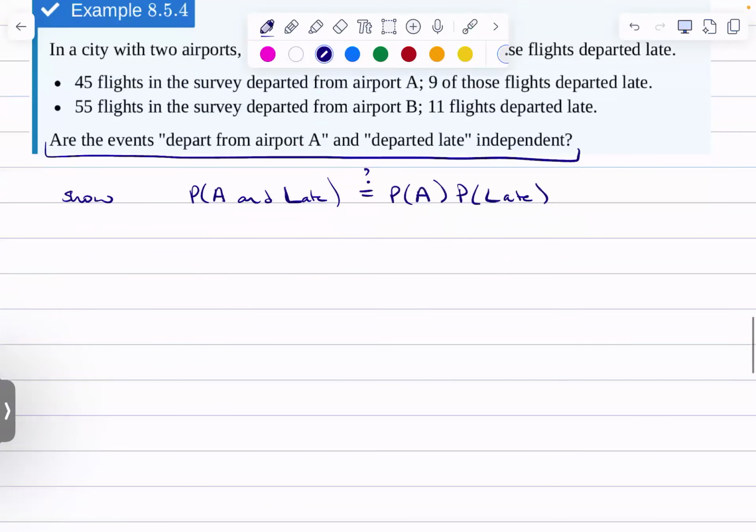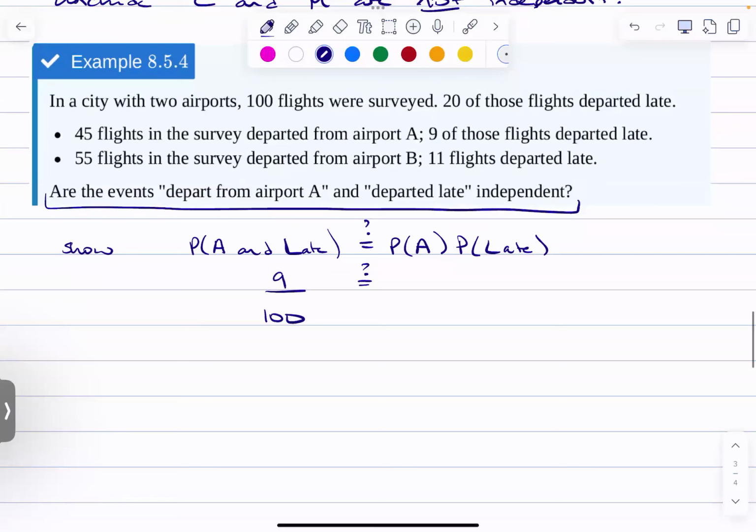And so the probability of airport A and late is 9 out of 100. Is that equal to the probability of A? Well, the probability of A is the fraction of flights out of airport A out of the 100, which is going to be the 45 out of the 100.